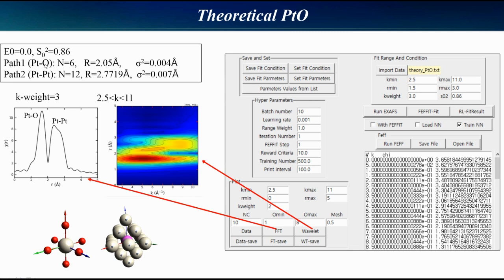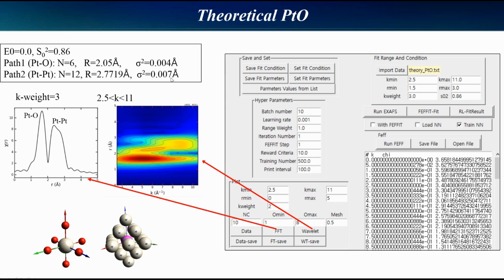For the first peak, the PtO pair, the coordination number, bonding length, and sigma scale are 6, 2.05, and 0.004 respectively. For the platinum pair, these values are 12, 2.7719, and 0.007.